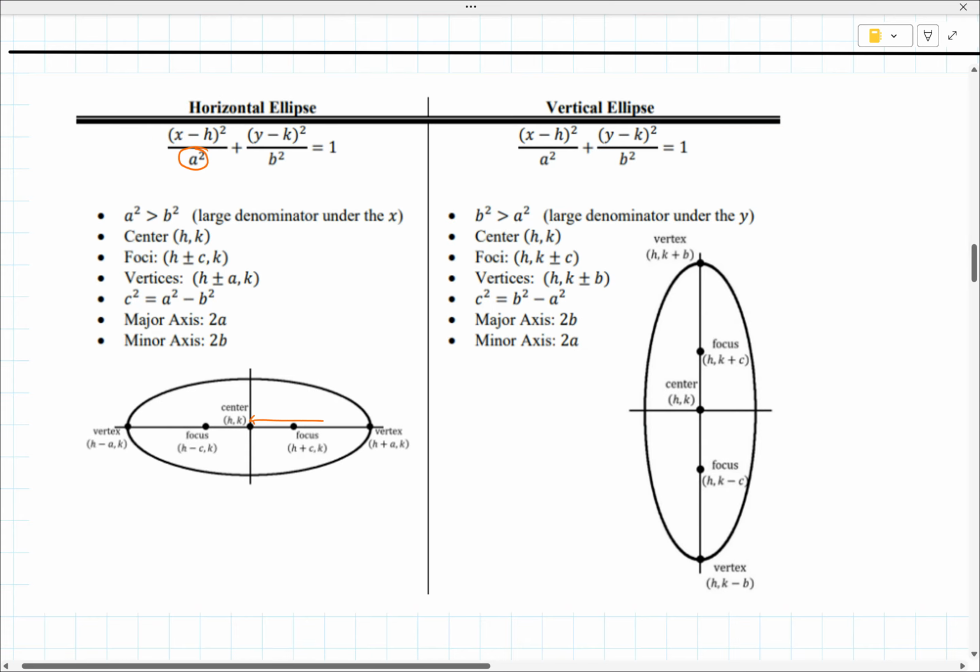So from here to here is your a value. And then the distance underneath y is that b value from our center. We're going to use our center, we're going to use our foci, find our vertices, and we're going to do all that on some examples. So I'm going to work through task 1. If you want to watch task 1 first and then follow along.